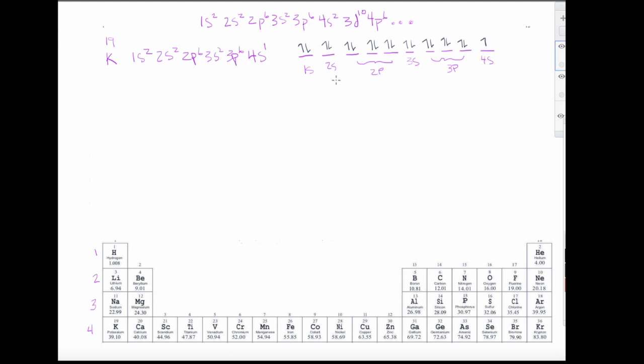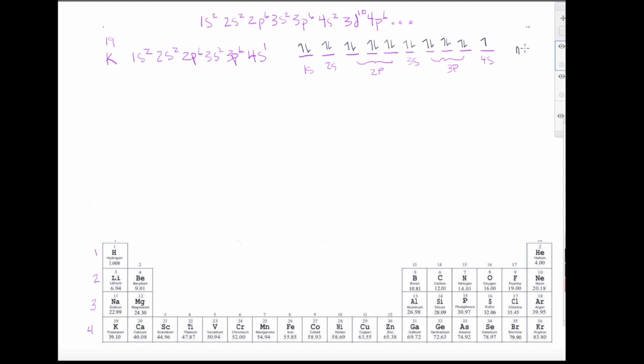Remember that the orbital diagram allows us to basically identify all 4 quantum numbers for any particular electron. So we're talking about the energy level. Let me fix that. And I'm just going to abbreviate these.